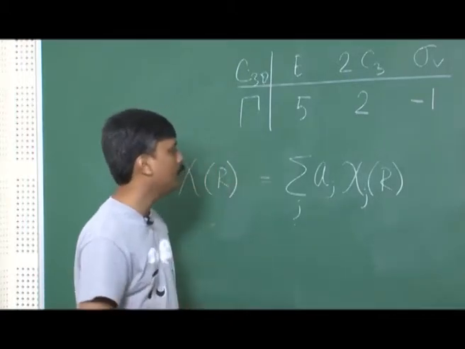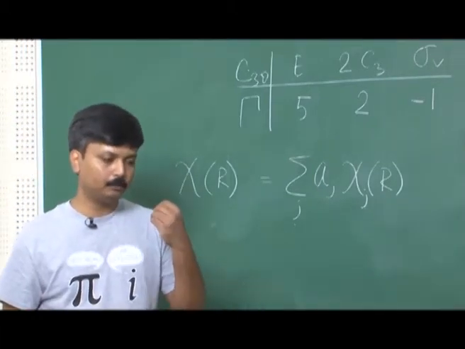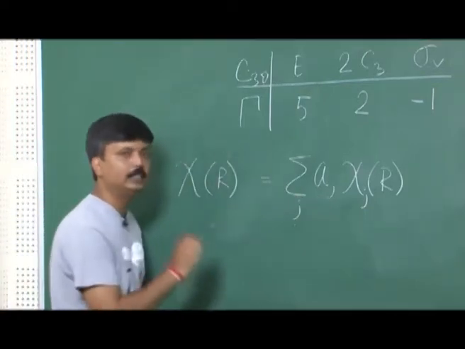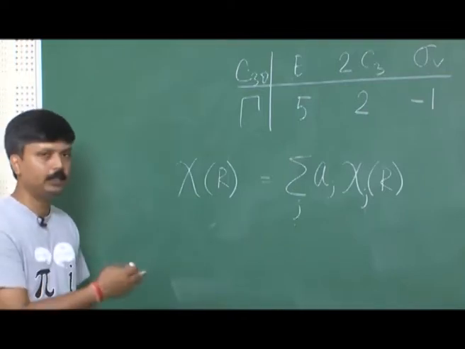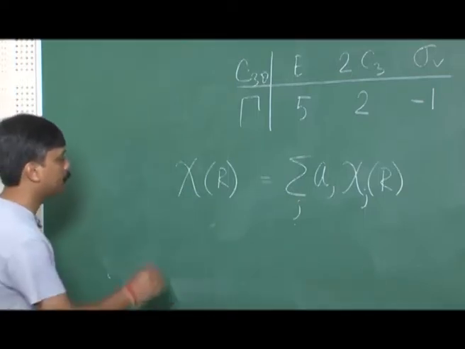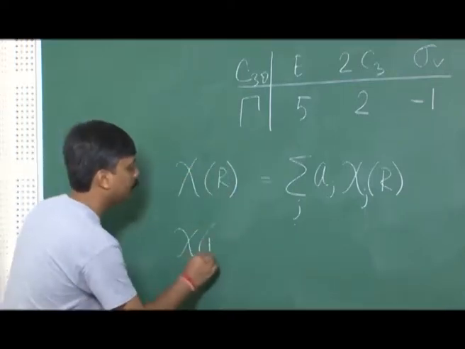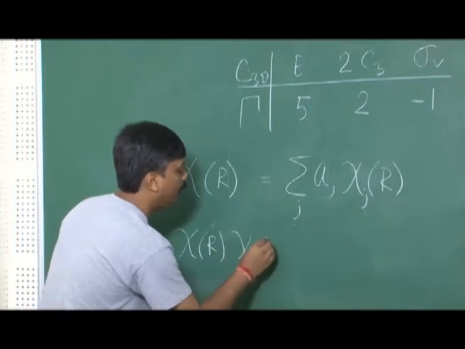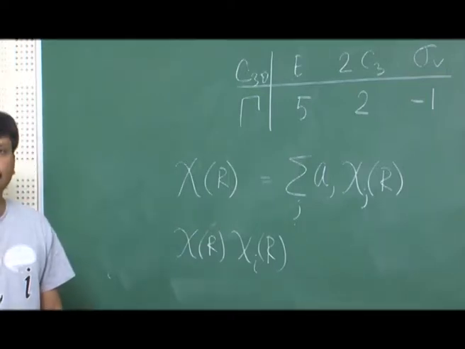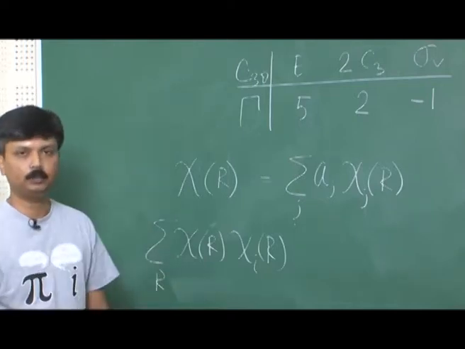transformation, correct. So now let us see if we can find a mathematical relation by which I exactly determine the value of this A, that is the coefficient in this equation. So in order to do that, what I can do is I multiply both the sides by chi of R corresponding to an ith irreducible representation, and then I sum it over all the symmetry operations, right.